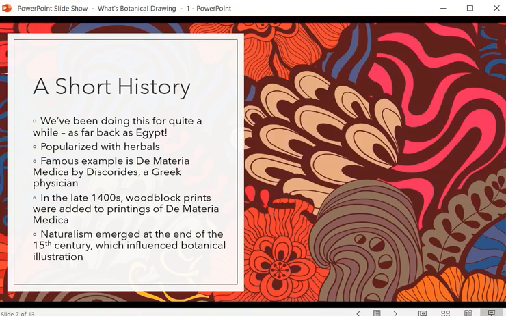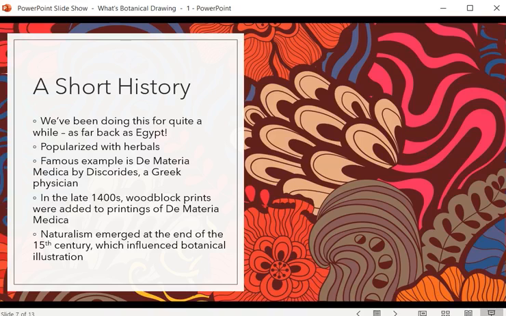Now, there were a few illustrations in it, and more got added during that time, but few original illustrations would be added before the 1500s. And during that time, things became really stylized. In the late 1400s, woodblock prints were added to printings of De Materia Medica.